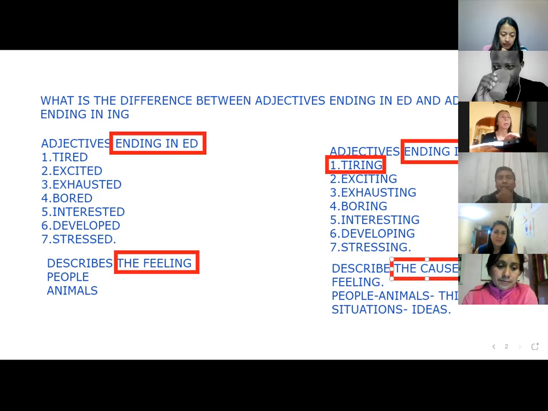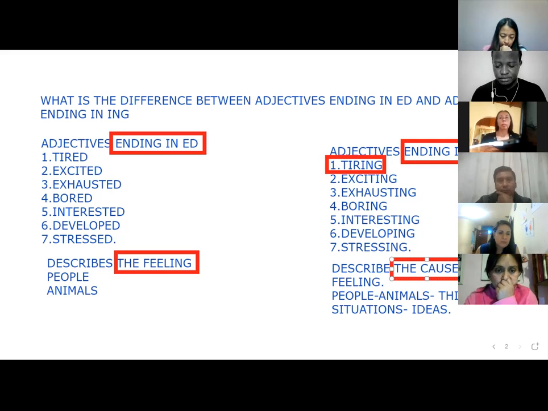We have two types of adjectives, an adjective ending in ed and an adjective ending in ing. Adjectives ending in ed, we use that to describe the feeling of people or feeling of animals, because only subjects with emotions can feel.